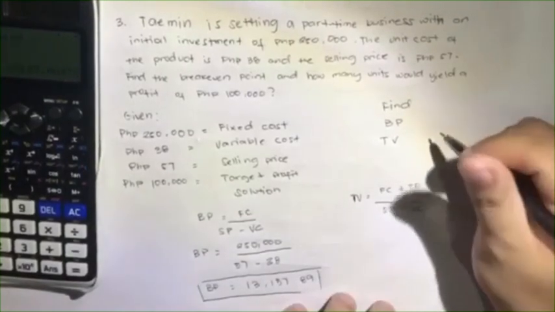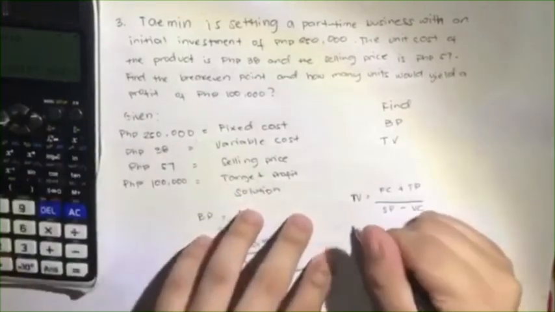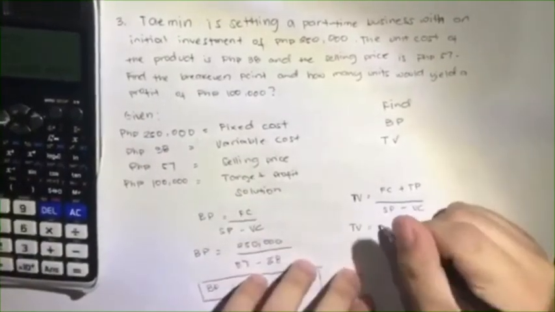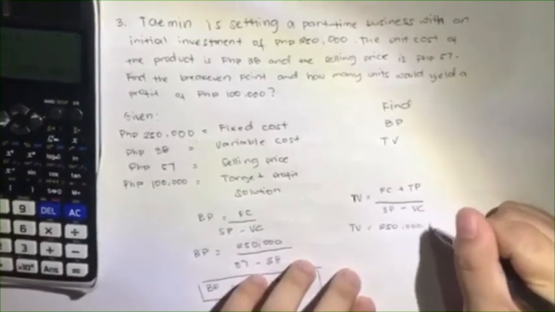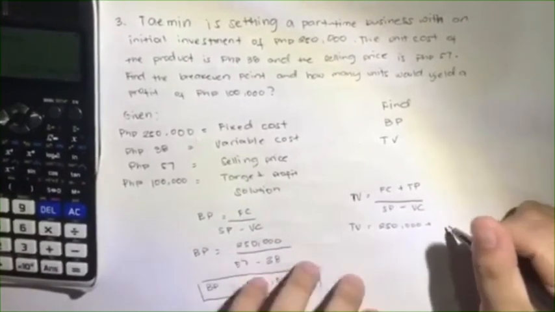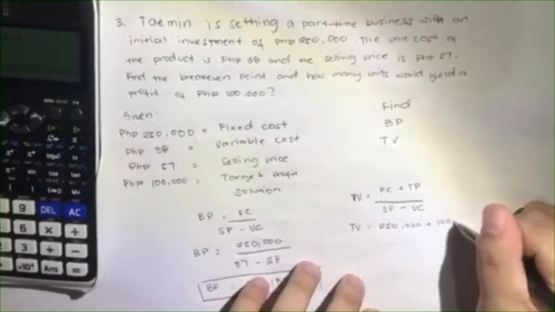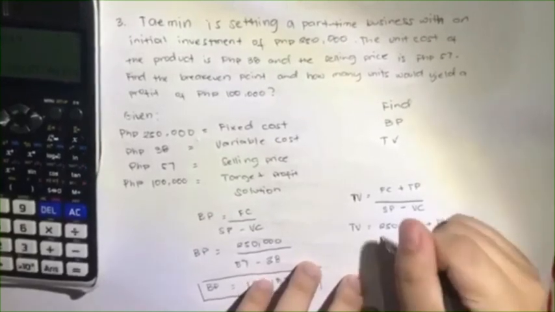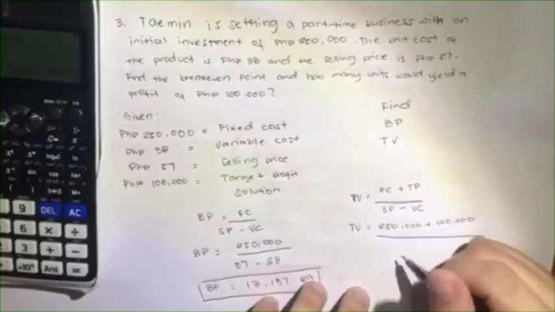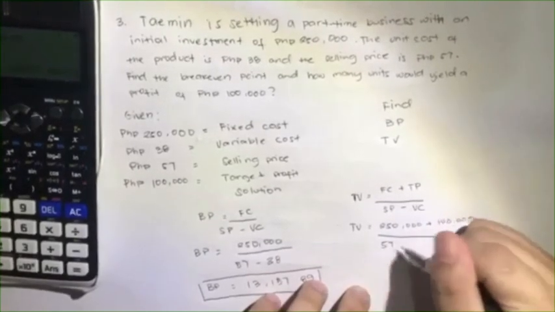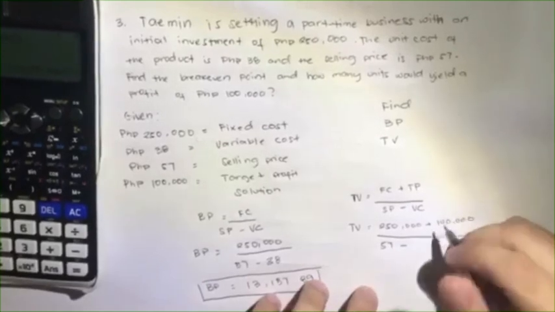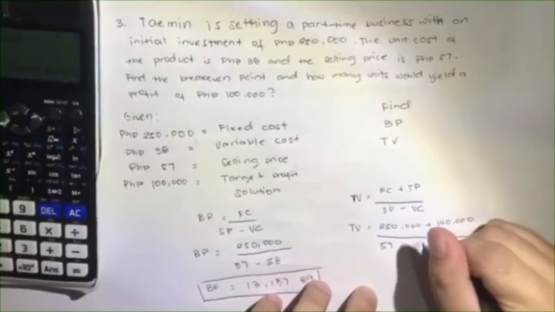So let's substitute 250,000 our fixed cost plus our target profit is 100,000 divided by our selling price 57 minus our variable cost is 38.